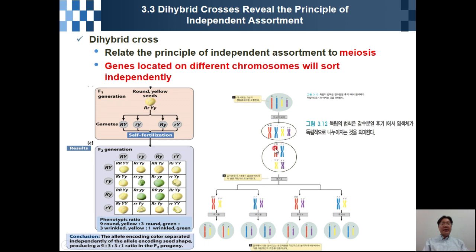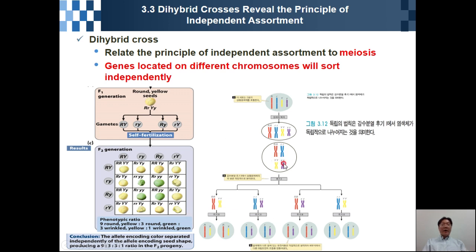During anaphase 1, this part will go to one pole and this part will go to the other pole. So they will make these daughter cells. After meiosis 2, they will make the gametes: large R large Y, large R small y, small r large Y, or small r small y.